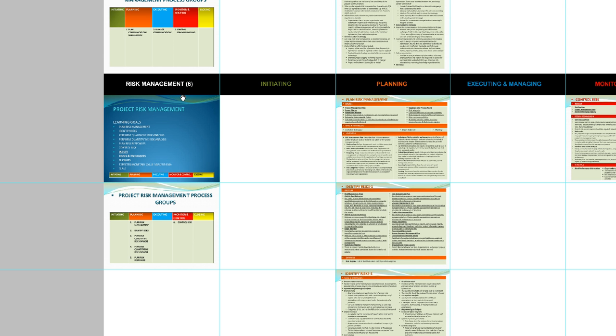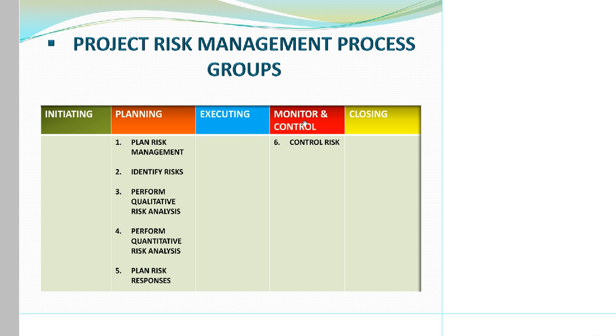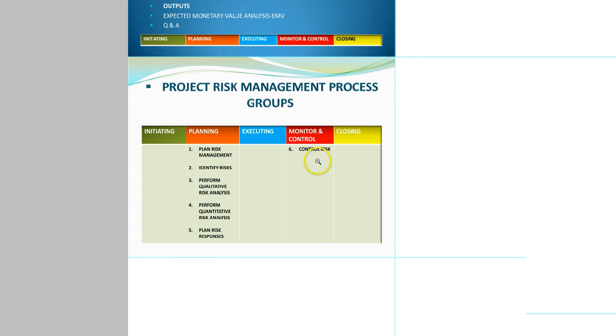This is risk management. We have 6 different processes, and most of the processes are in the planning area, and we have 1 in the monitor and control. So plan risk management, identify risk, perform qualitative risk analysis, perform quantitative risk analysis, and the last one in the planning is plan risk responses, and monitor and control is control risk.